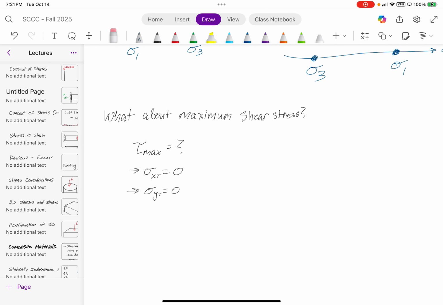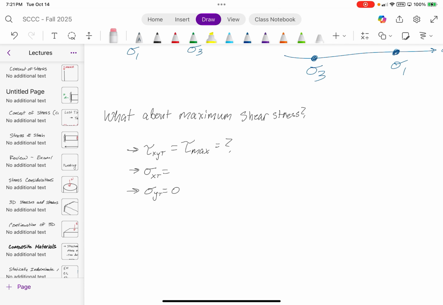And then let me add that tau xyt is technically equal to the maximum shear stress. It doesn't mean that sigma x and sigma y were 0. I meant sigma xt and sigma yt. Those transformed stresses, are they going to be 0?